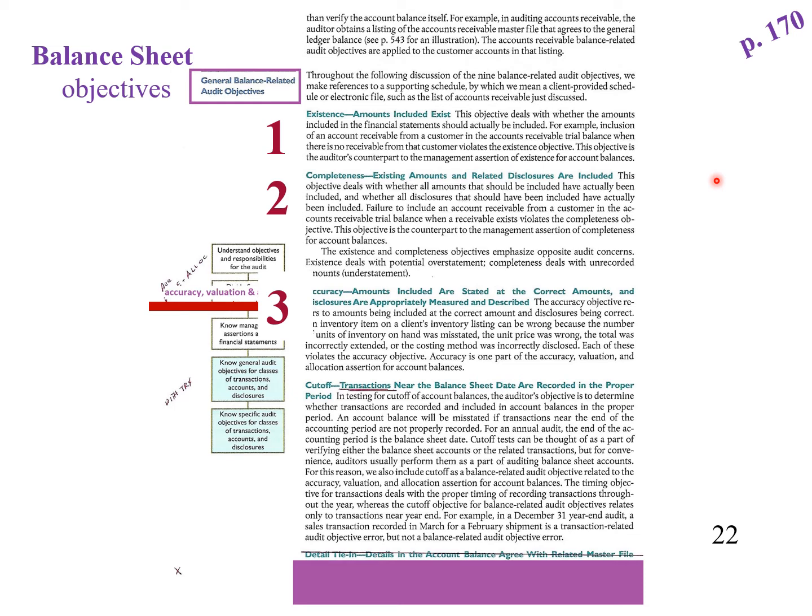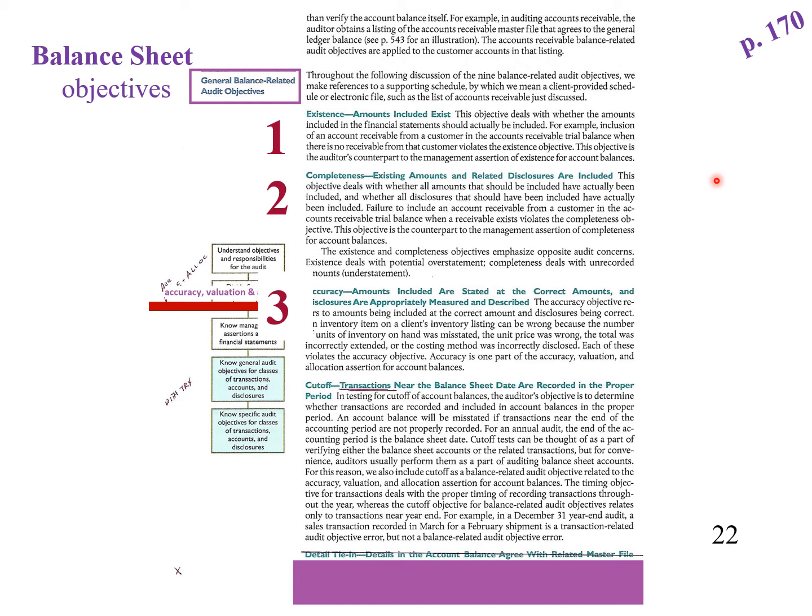Accuracy, valuation, and allocation. Valuation are those accounts you learned in 321. How do we record? How do we value investments? Well, we value them at market value unless they're debt securities that are held to maturity. How do we value accounts receivable? At net realizable value. So there's a valuation adjustment that you learned for bad debt expense in 321.